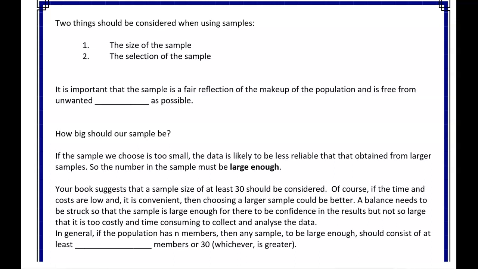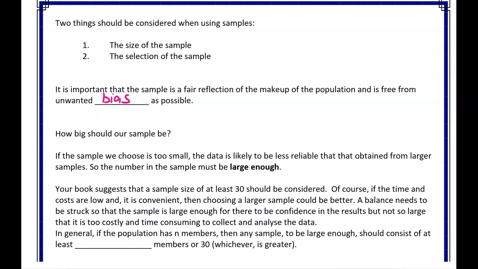We've got to select at least 30, or if it's a large population, the square root of the population. But of course, we've got to ensure, as best as we can, that we look at removing or reducing bias.